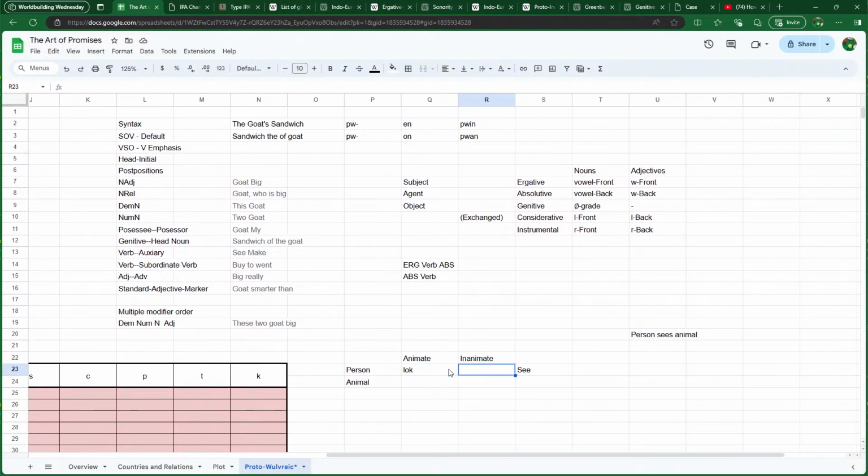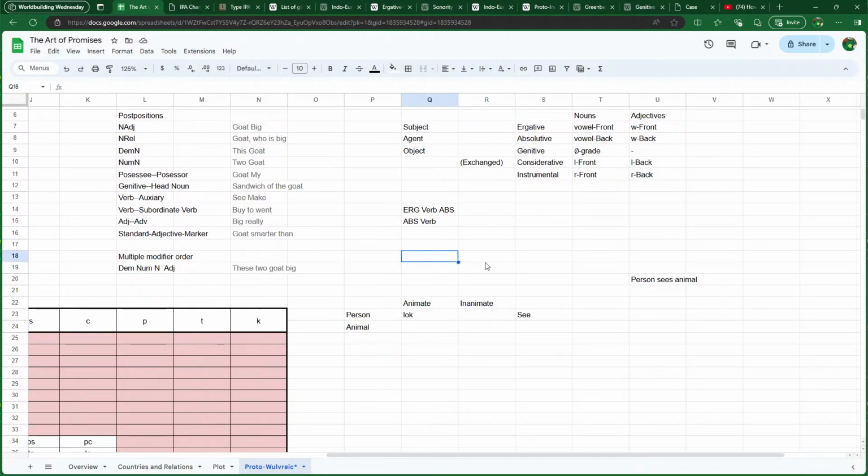So the way this would usually be handled, because this is a proto-language, right? We would have a word meaning animate and a word meaning inanimate, and we would just tack them on to the end. So our word for animate and our word for inanimate.